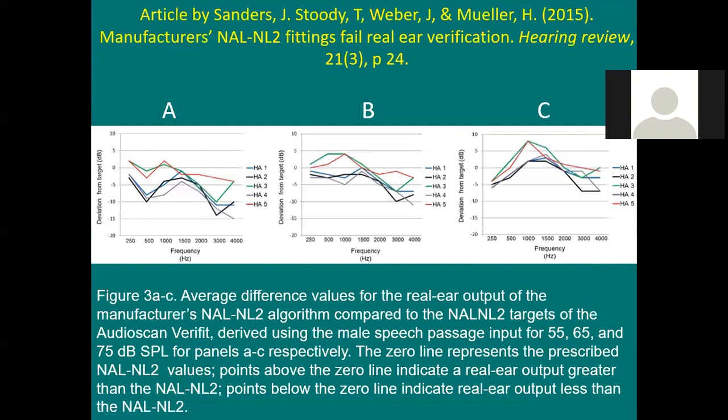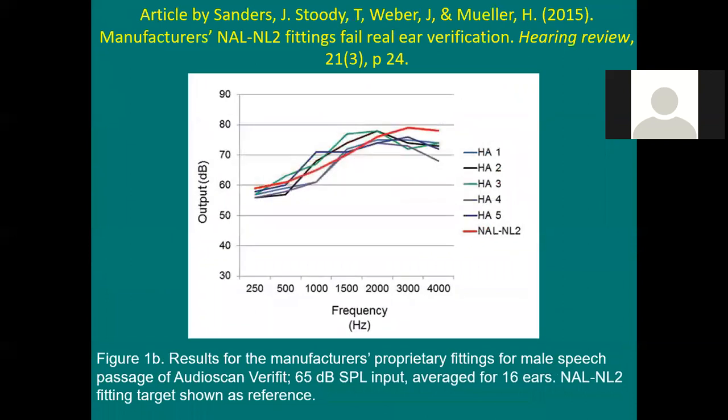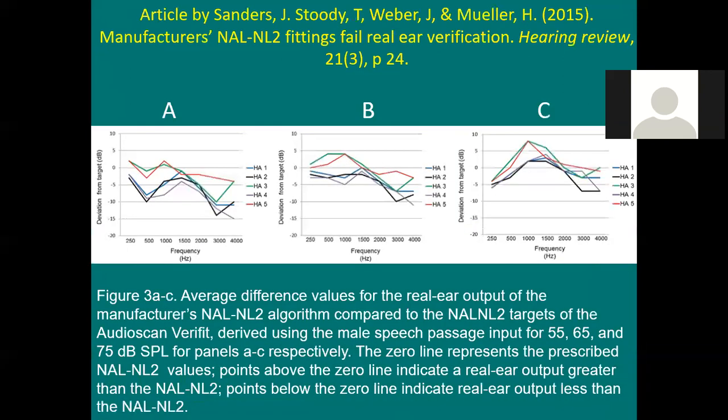Always make sure we're following ourselves here, okay, because these three slides are talking about how the manufacturer's proprietary fitting methods compare to NAL2 for the different inputs. Here we're looking at how each manufacturer's implementation or version of NAL2 differs from NAL2 found on real ear systems. That's what the point is here.